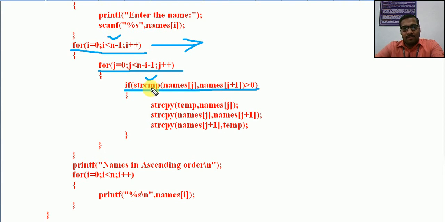I will be comparing names of j, that is, the 0th name initially, with names of j plus 1, that is the first string. Compare these two strings. So the strcmp syntax is: strcmp of one character array, comma, the second character array. We get some integer value.